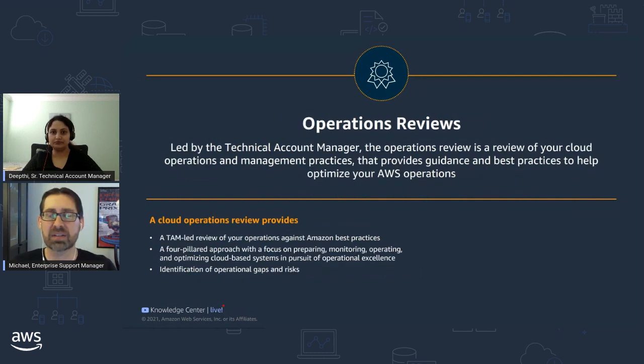So now let's talk about the operations pillar or operations review, which is done by your technical account manager. Just like we've got 5 pillars to well-architected, within operations we have 4 of our own pillars, where the TAM focuses on preparing, monitoring, operating, and optimizing your cloud-based systems in terms of operational excellence.